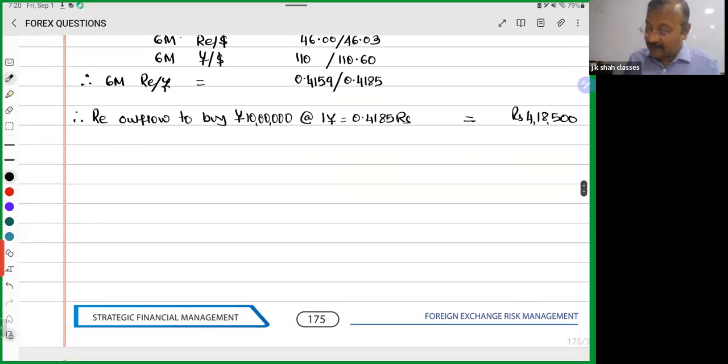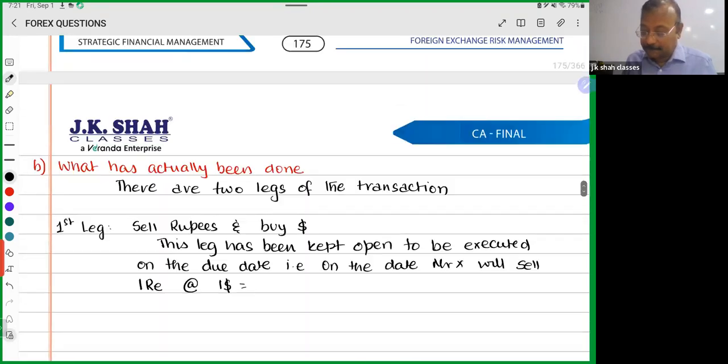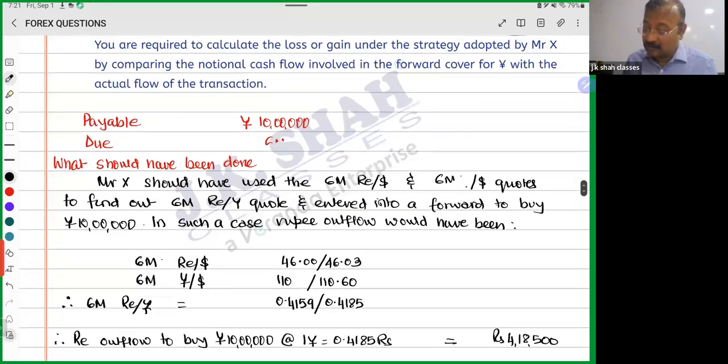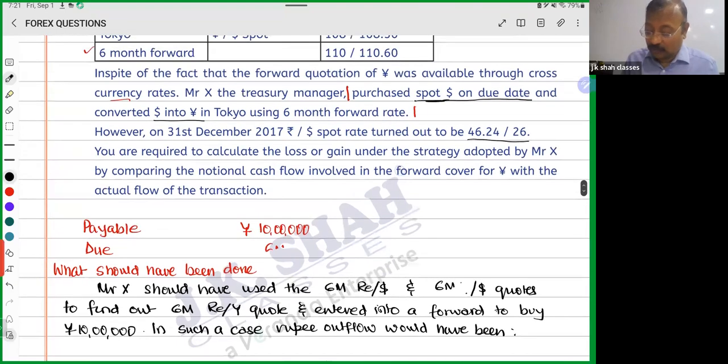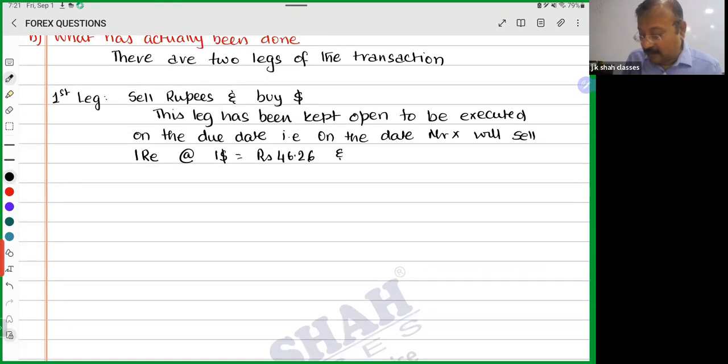So let's say he will sell 1 rupee at $1 equals to 46.26, and obtain how much if he sells 1 rupee? 1 divided by 46.26, which is 0.02162.